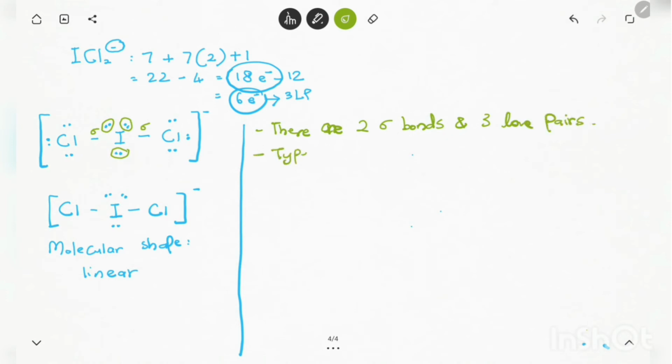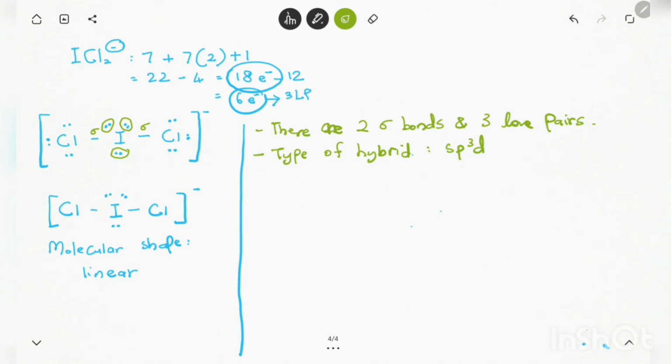Therefore, the type of hybridization is 2 plus 3, 5, so sp3d, a mixing of 1 s orbital, 3 p orbitals and 1 d orbital.